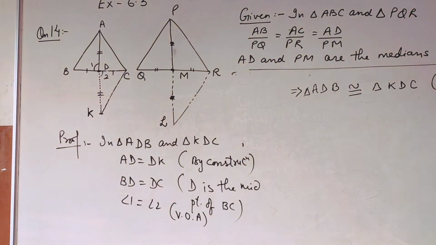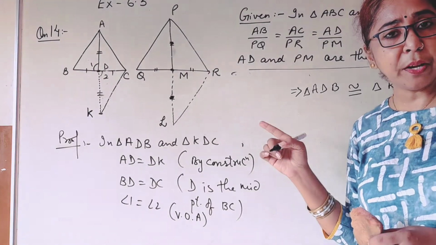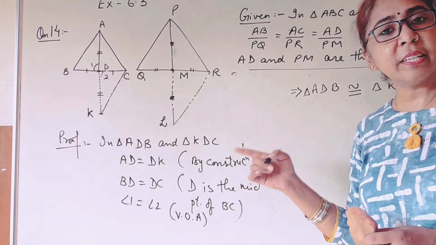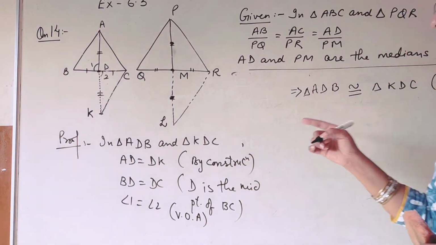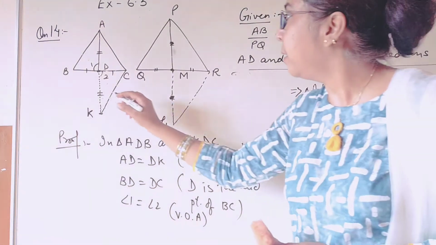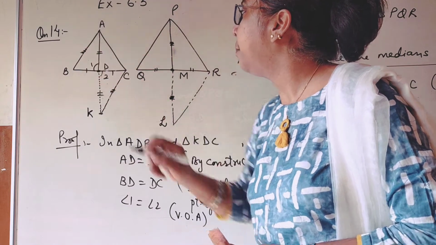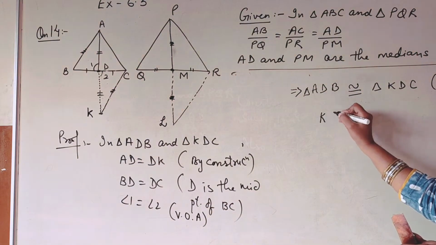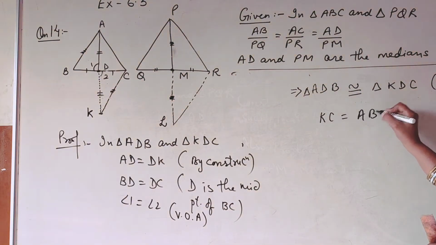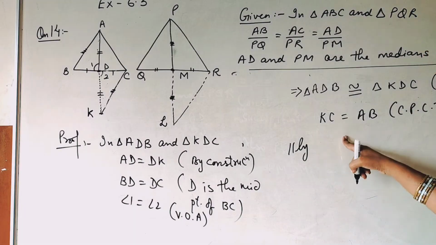Rule is SAS. Now, after making the two triangles congruent, we can make the rest of the things equal by CPCT. So KC is equal to AB. This is by CPCT, and this is number 1.